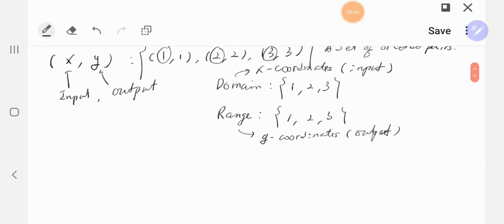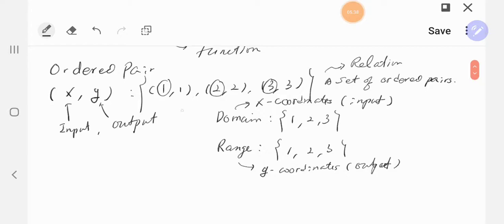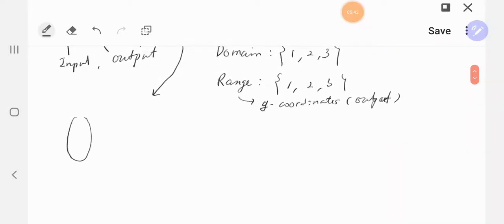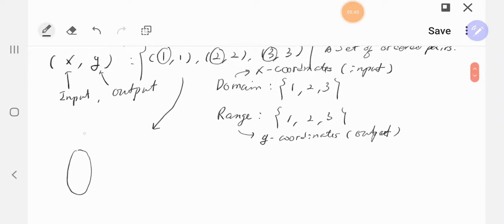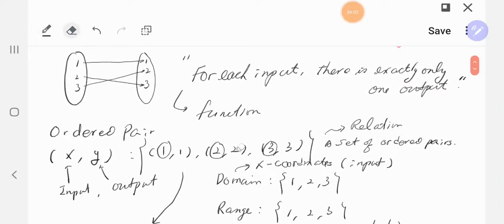Once you have these ordered pairs, the relation, we can draw the relation in a diagram like this. Here is the domain X, here is the range Y, and this is the relation f. The input value 1 matches 1. 2 matches 3, sorry, this should be 3.